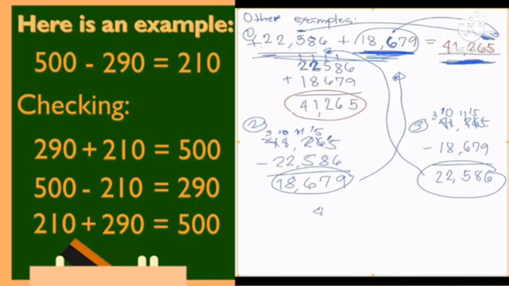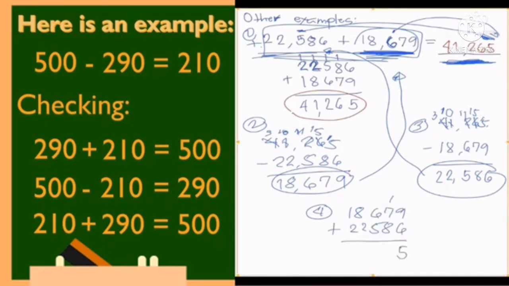And then the last equation here is we will just do the, what you call, the commutative property of addition. We will just exchange their places. Alright? So we have here 18,679 plus 22,586.